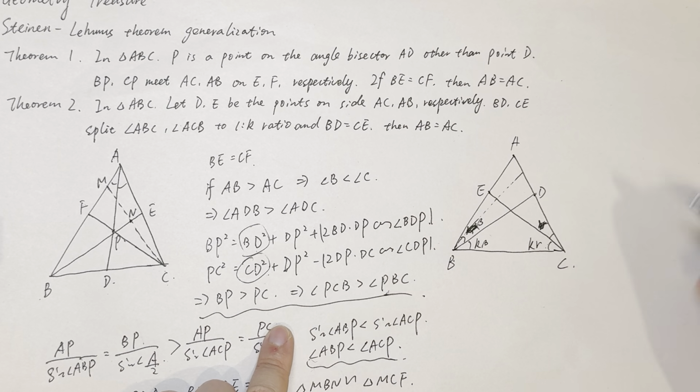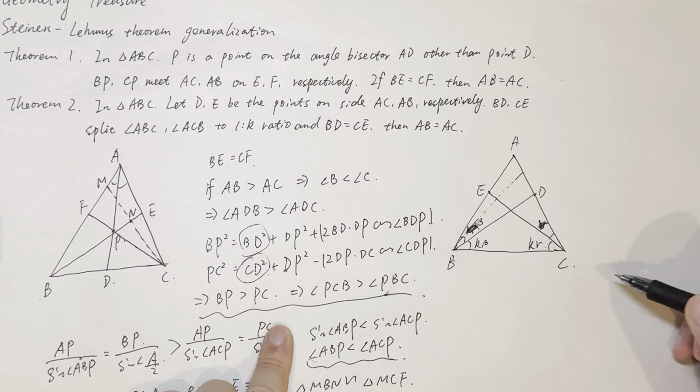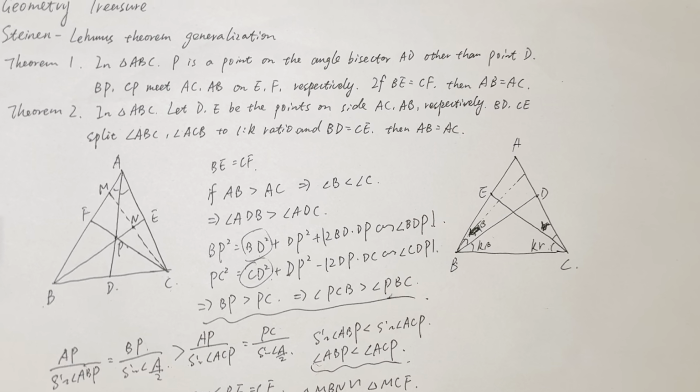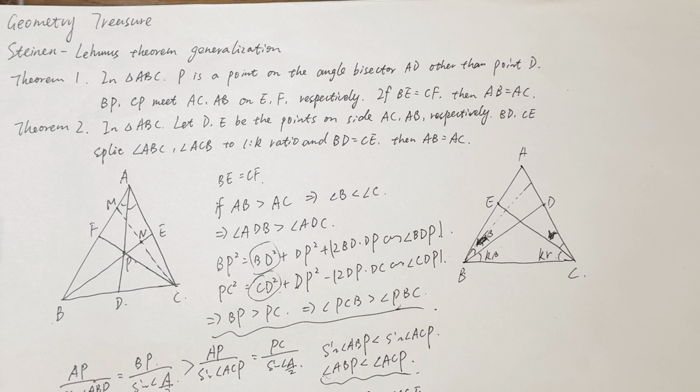And then the assumption is not valid, which means that beta equals gamma. So for this problem, I would say the simplest method is a way that we already introduced in the last video. So if you feel confused about it, please review that video.